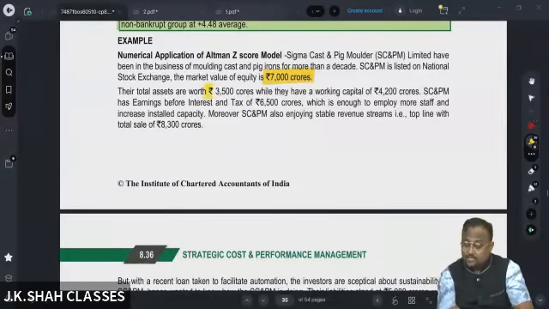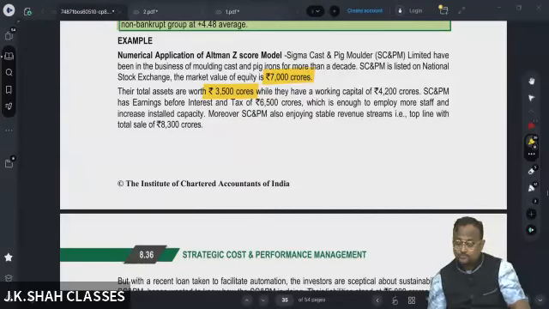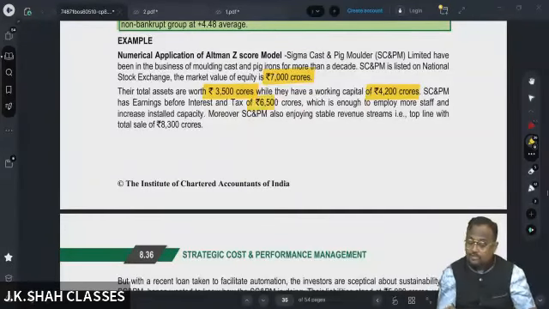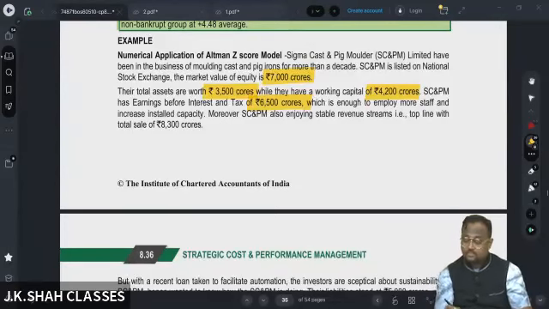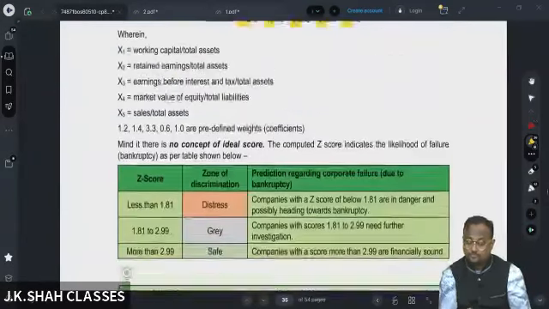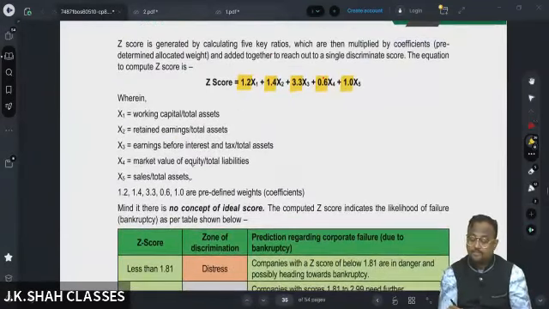The total assets are 3,500 crores. They have a working capital of 4,200 crores. Earning before interest and tax is this, and revenue, that is sales, is 8,300. Simply apply these figures and get the answer.